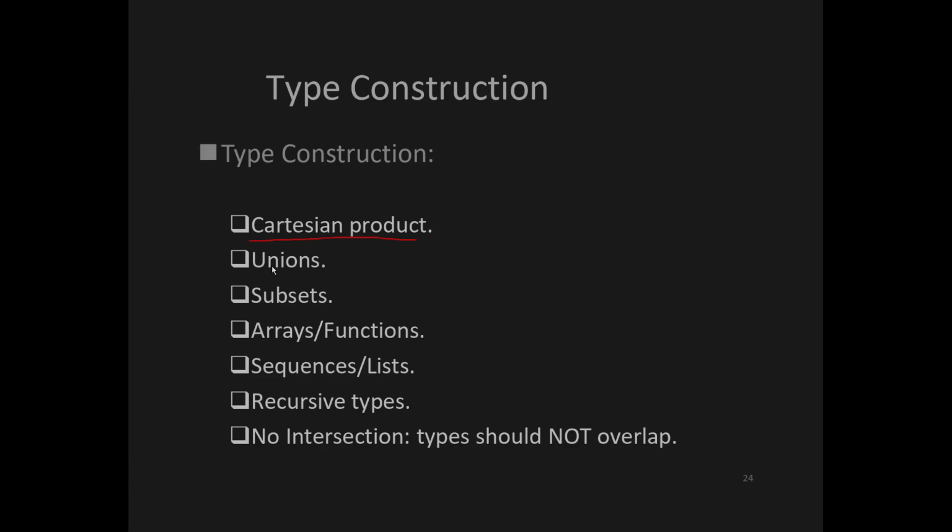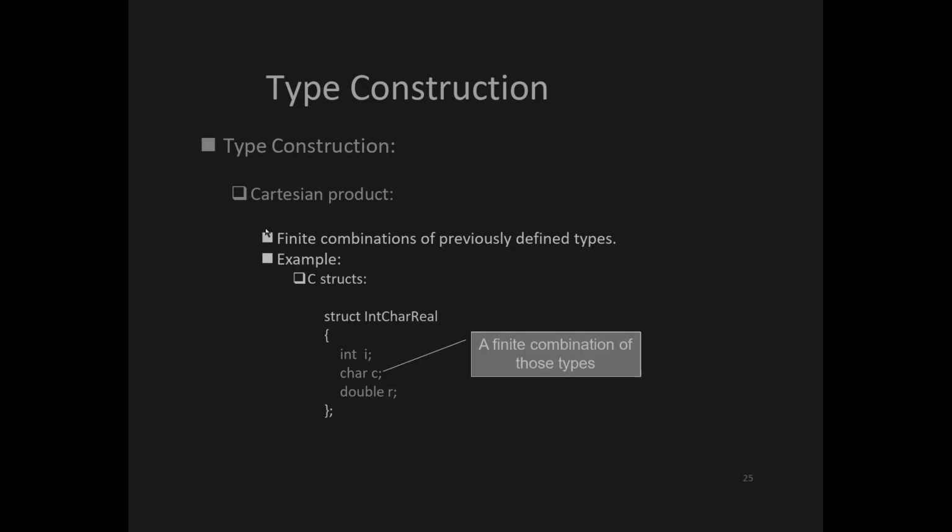We have the Cartesian product, union, subsets, arrays and functions, sequences and lists, recursive types, and we need to keep in mind that types should not overlap, although that will be explained a little later, so don't worry about it for now.